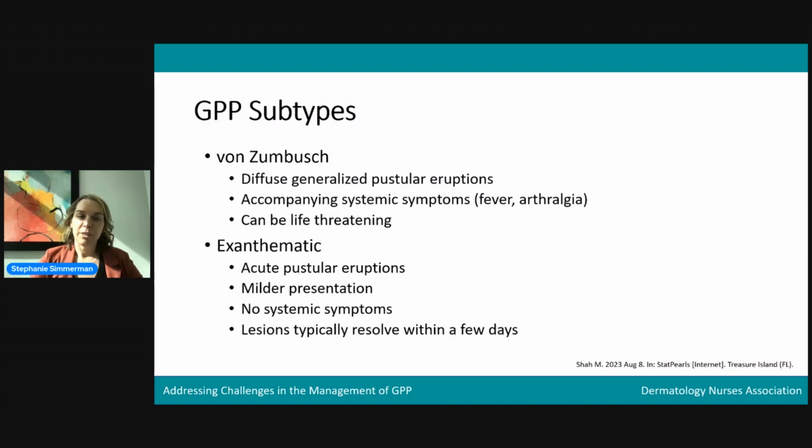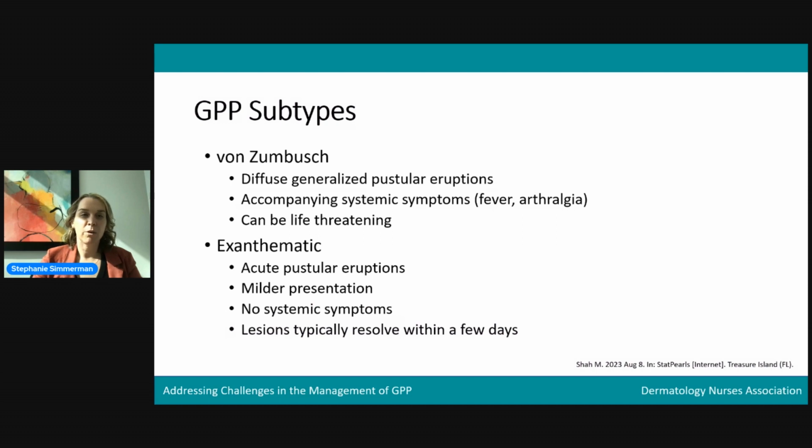So when we look at the subtypes, and I don't want you to get too hung up in too many details, I want you to get the overall picture: do we have a systemic patient here or do we have a localized skin patient? What you're really looking at is generalized pustular eruptions accompanied by systemic symptoms, things like fevers and arthralgias. These are the patients that we have to be really concerned with.